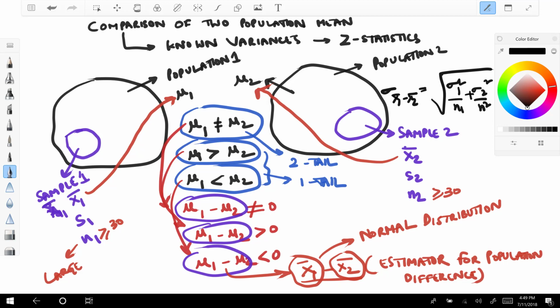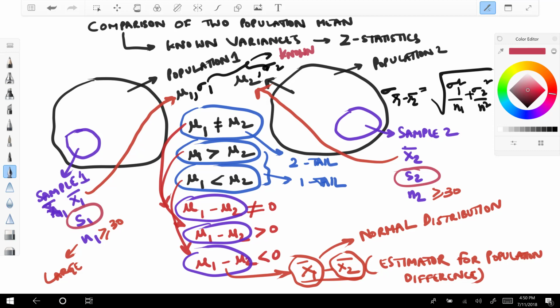This means the population standard deviations, sigma 1 and sigma 2, should be known because we are using them. Even if we don't know them and the sample size is large enough, like greater than 30, we can substitute sigma 1 with S1 and sigma 2 with S2.